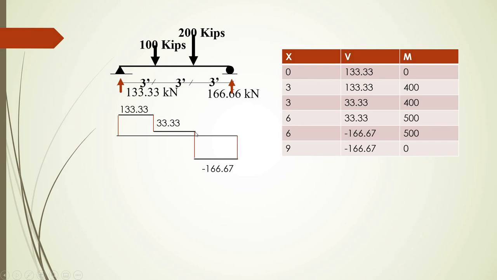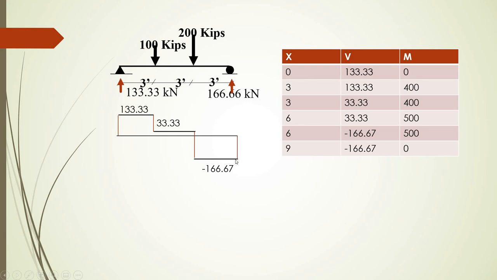Similarly, if you see at this point, this is 33, and if you neglect the sign, minus 166.67, you add these two, you'll get 200. This is going downwards, and this shows there should be a point load of 200 kN at this point on the free body diagram. And if you see here, it's 166.67, and it becomes 0.